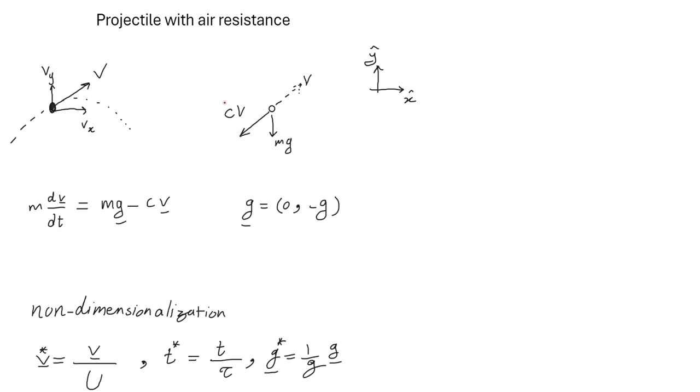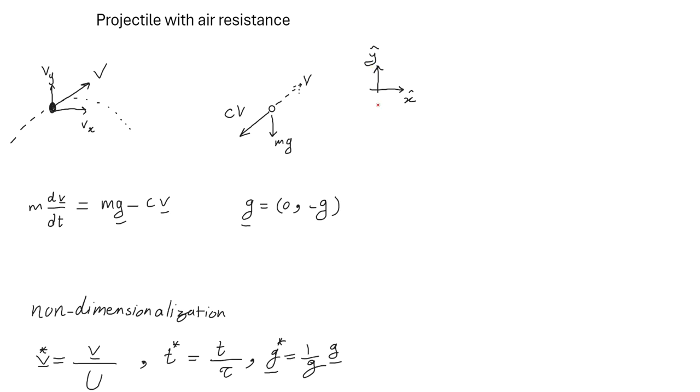And we have a coefficient called c that multiplied by v, and that is equal to the force coming from the air. There is another force involved here, which is the weight. So it's mg. m is the mass of the projectile, and g is the gravity.